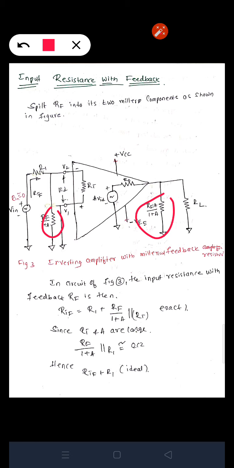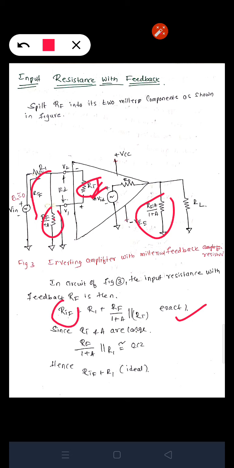In this way we can Millerize our op-amp circuit. The input resistance with feedback is then equal to R1 plus Rf divided by 1 plus A, which is in parallel with our input resistance Ri.